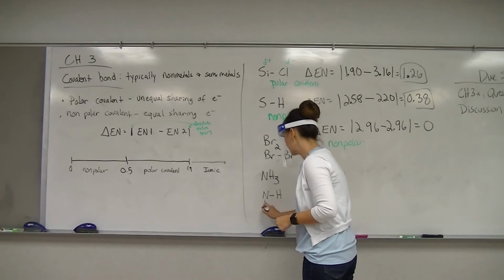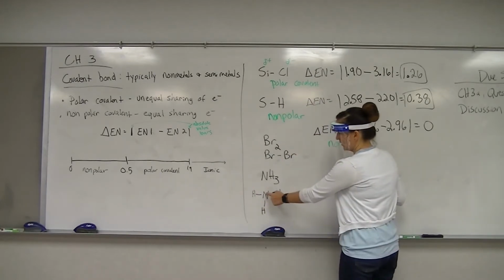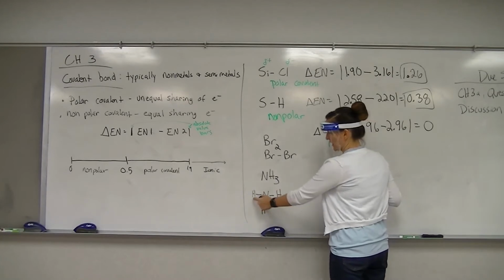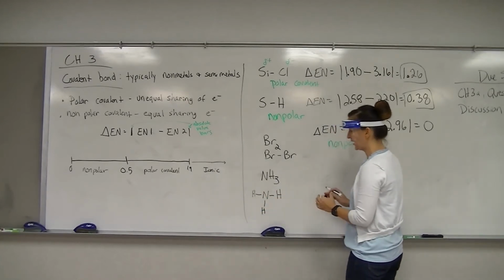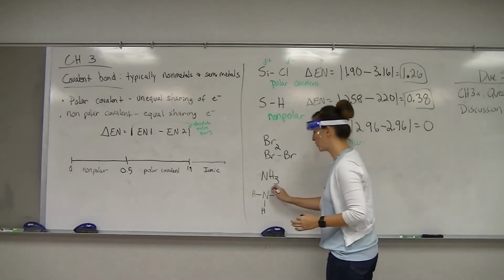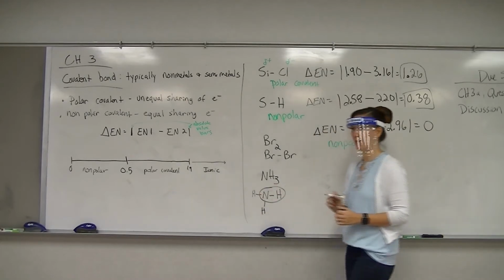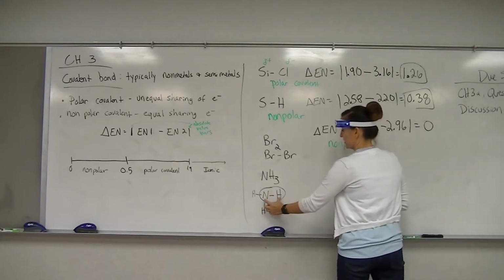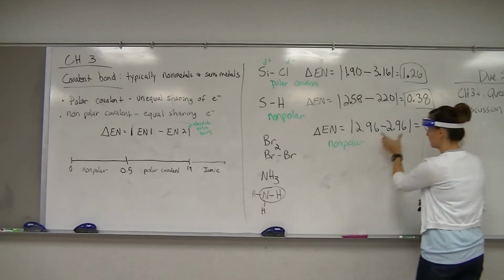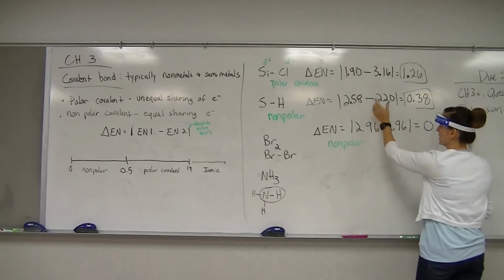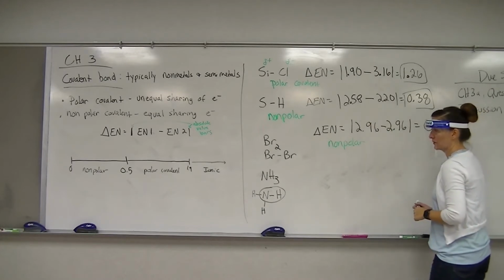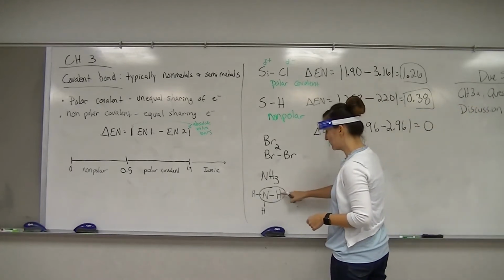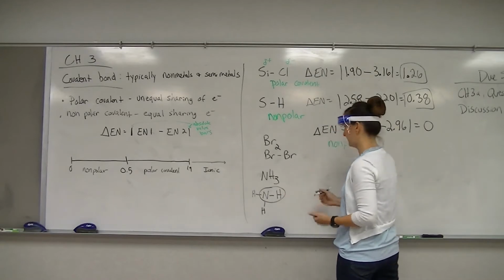But what this looks like is a nitrogen in the middle with 3 hydrogens around it. So when we're calculating the bond itself, we're just going to look at one of these nitrogen-hydrogen bonds. It's still the same. We just have 2 atoms, their electronegativities, and we're subtracting them, because each of these is going to have the same polarity.